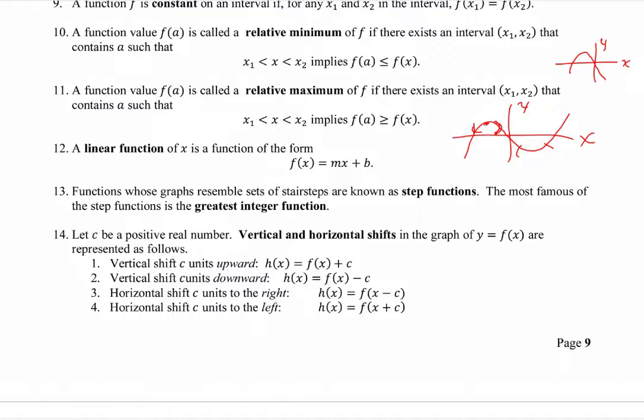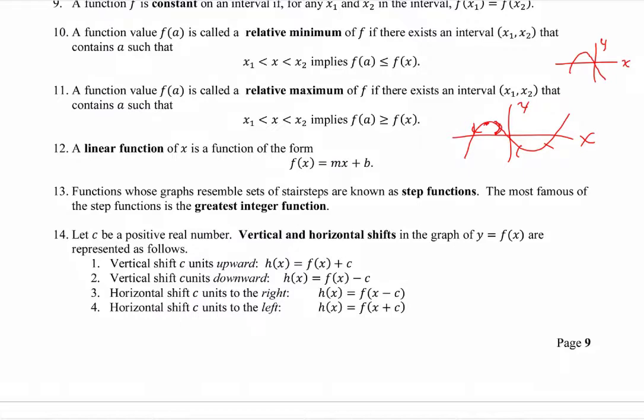All right, the next thing we're going to do, we've talked about linear functions a little bit. The next thing we're going to talk about is vertical shifts and horizontal shifts, and those are what we're going to mostly focus on in this section.